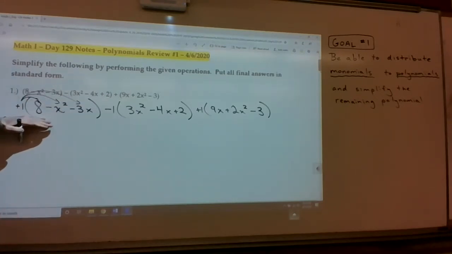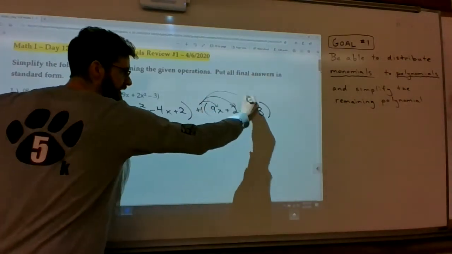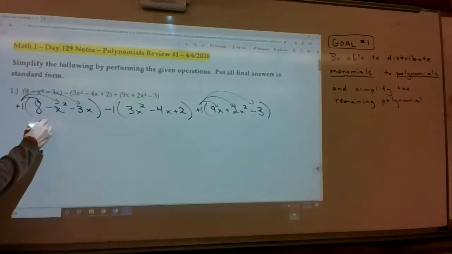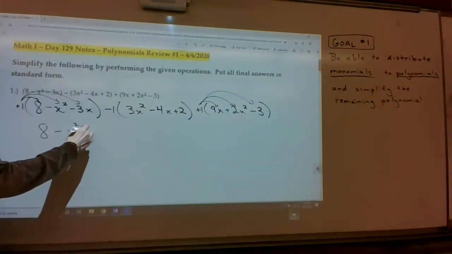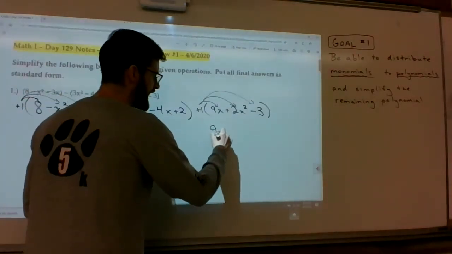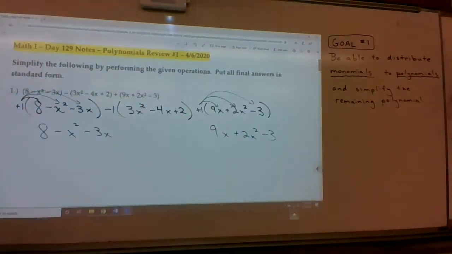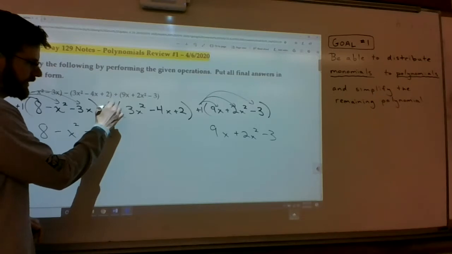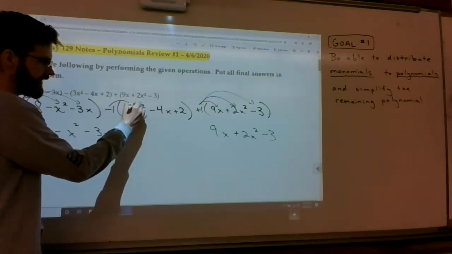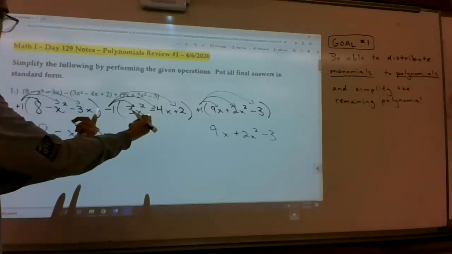So you see with the first group and the last group, they both have positive 1s out front. So you can basically just drop the parentheses on those. So you've got 8 minus x squared minus 3x here, and you've got 9x plus 2x squared minus 3 from this one. Now the reason why I delayed on this middle one is because there's a negative 1 out front here, which means it's going to change the sign of everybody inside the parentheses.